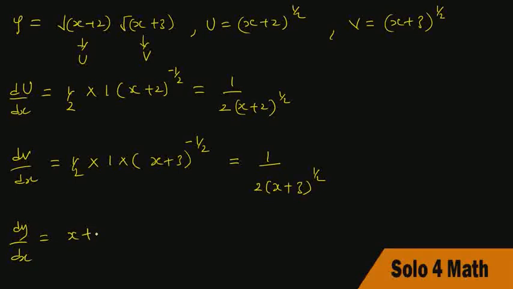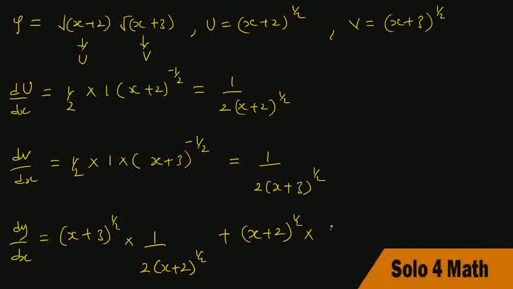It is (x plus 3) to power a half. Du/dx, what is our du/dx? It is 1 over 2 into (x plus 2) to power a half, plus u, what is our u? It is (x plus 2) to power a half, times dv/dx, which is 1 over 2 into (x plus 3) to power a half.